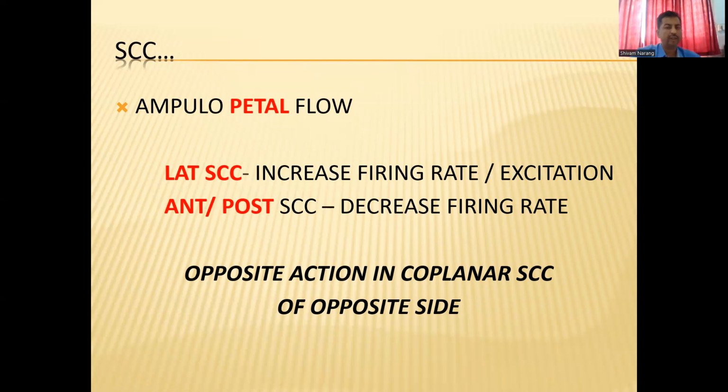So that will be the inhibition of these canals. Okay, so ampullopetal flow is excitation for the lateral canal and inhibition for the other two canals, and vice versa. At the same time, the opposite action happens in the coplanar canal of the opposite side.